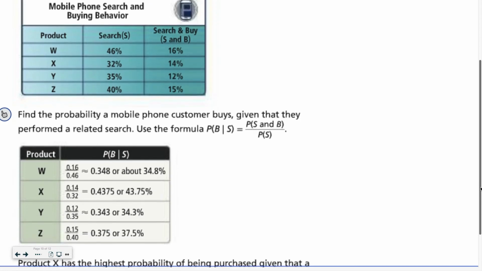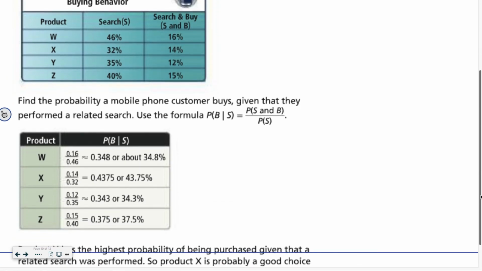And you have similar statistics for X, Y, and Z. So finding the probability a mobile phone customer buys, given that they performed a related search, the way that you solve that is you do the probability that they will search and buy divided by the probability that they searched.